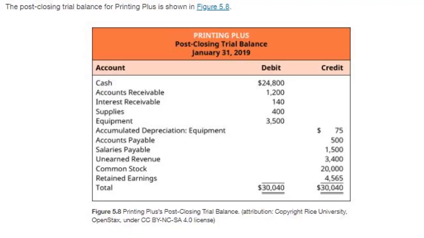Well, Figure 5.8, the post-closing trial balance, only has 11 lines. The first 10 lines are the same as in the pre-closing trial balance. It's only the 11th and final line, the retained earnings line, that differs. What is fundamentally happening as we move through all of the journal entries in this chapter, the closing process, is the following.